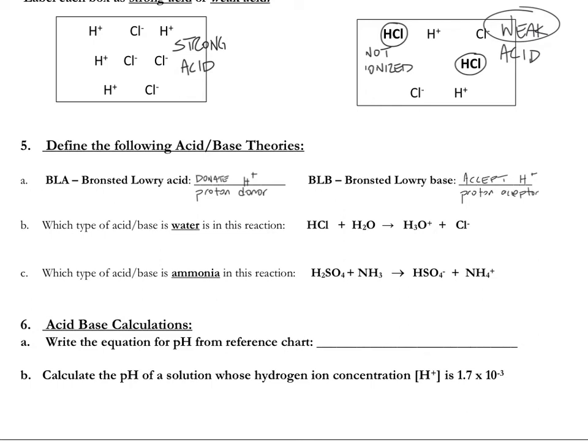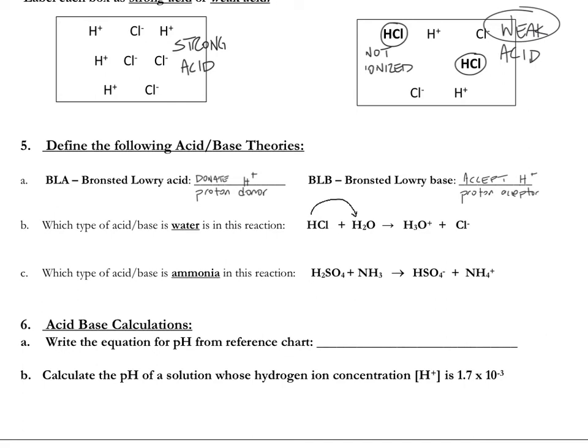Okay. Which type of acid or base is water in this reaction? So look at the reaction below, and I see HCl plus H2O produces H3O and chlorine. Well, I notice that H2O became H3O, and it became H3O because hydrogen was donated to water.